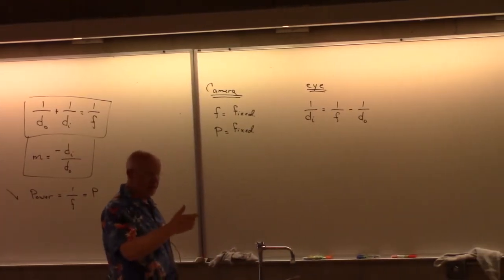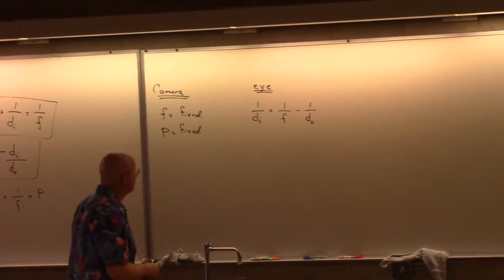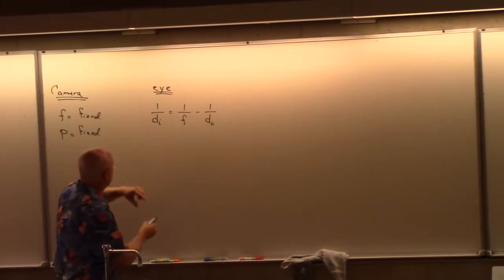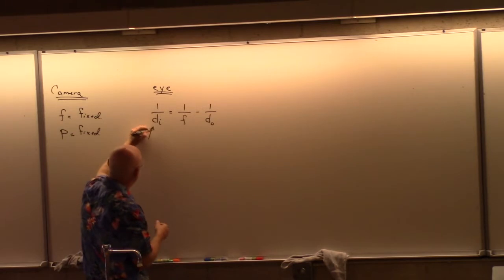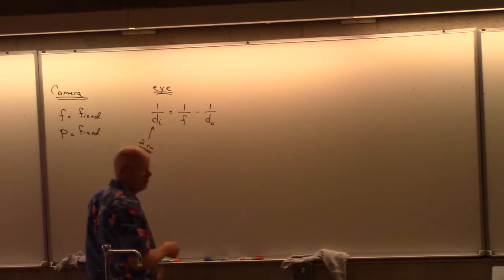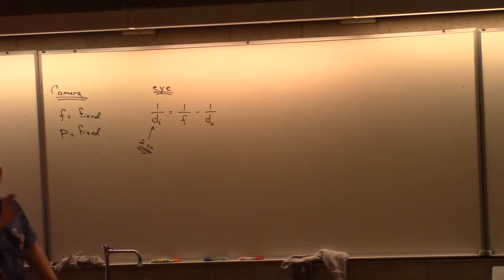And let me think of the equation in this pattern, because now this number is going to be our 2 centimeters. So just know that every time we talk about the human eye, the image distance is 2 centimeters.